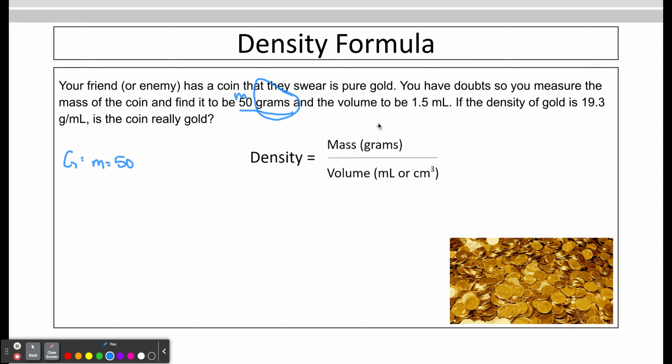The next number I see is 1.5 milliliters. Milliliters is volume, so volume is equal to 1.5. What I'm trying to find, my unknown, is density. So my equation is density equals mass divided by volume.